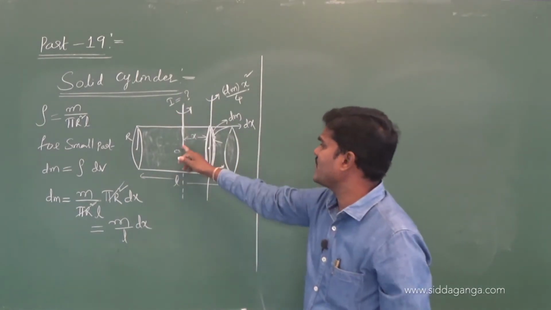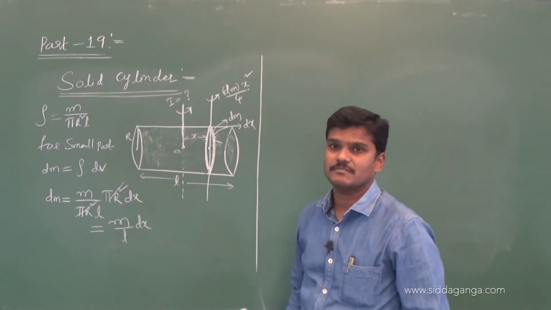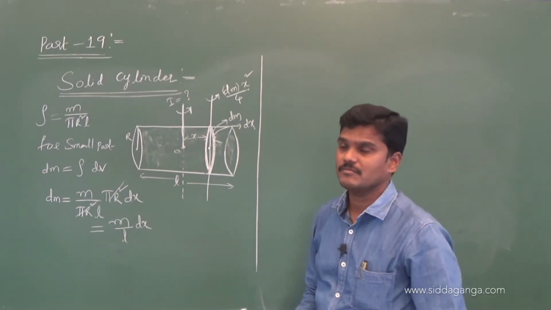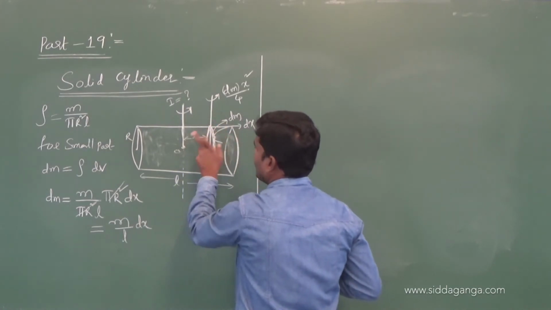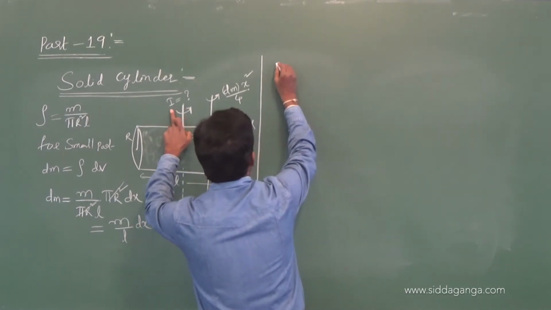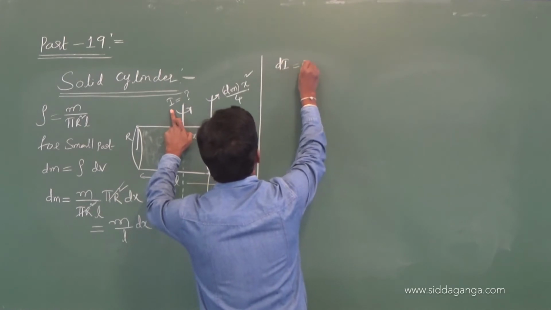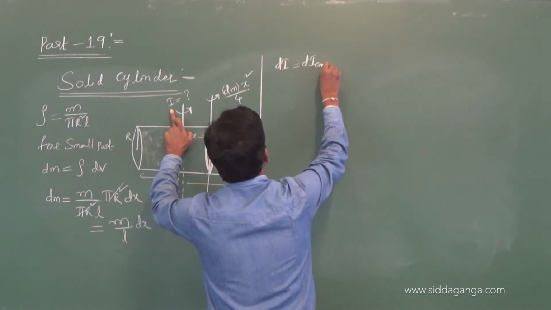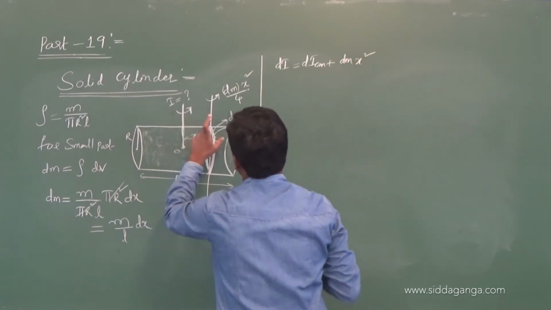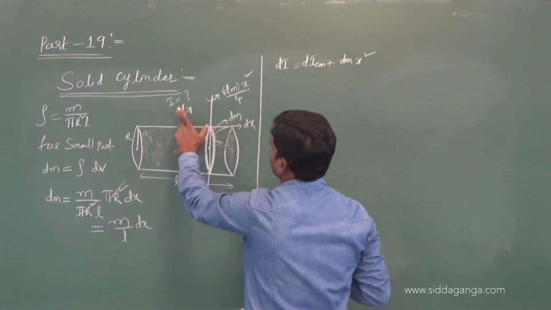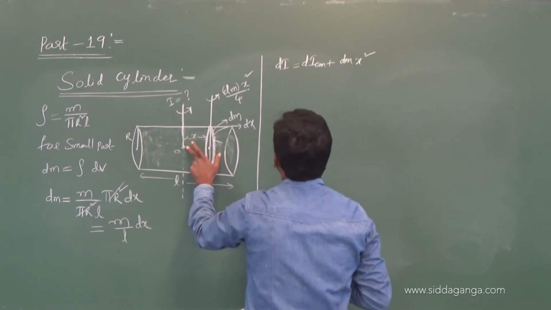These two axes are parallel to each other. From the parallel axis theorem we know I is equal to I_CM plus M R square. So let me write the small moment of inertia, dI is equal to dI_CM plus dm into x square.